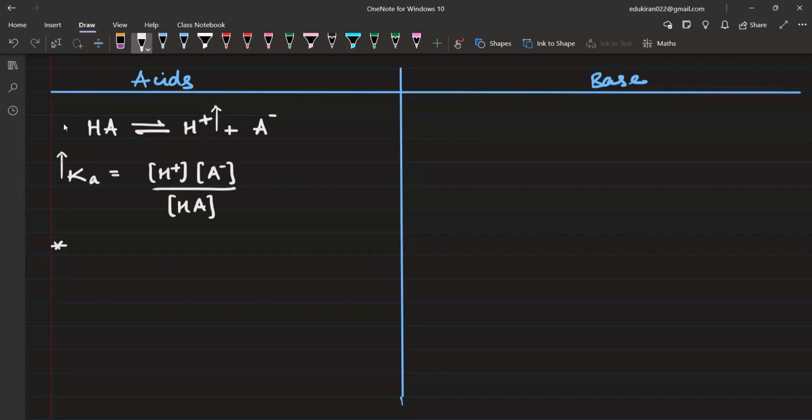The concentration of H positive will be large only for, tell me what, strong acid ज़्यादा H plus देगा या weak acid? Who will give more H plus, strong or weak? Strong. Strong acids, right? So strong acids will give high amount of H positive, and since numerator में H positive है, तो Ka will also be higher.